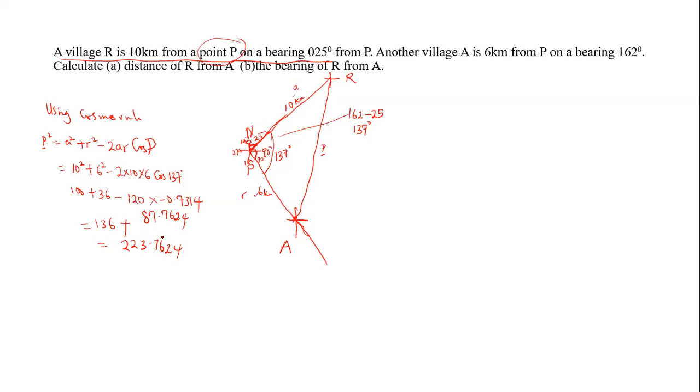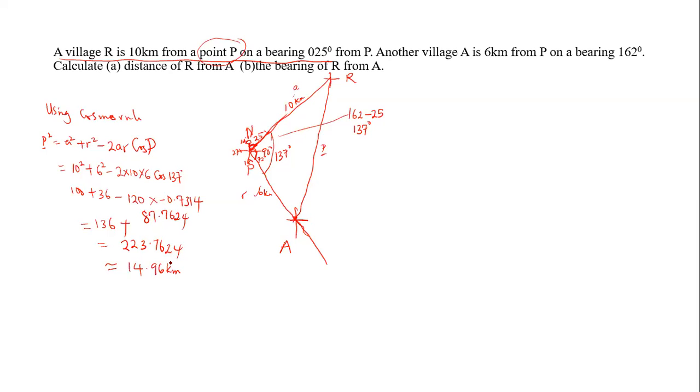So if you find the square root of that, what will it give us? The square root of 223.7624 will give us 14.995. Well, we give it to 4 digits. So that would be 14.96 kilometers.